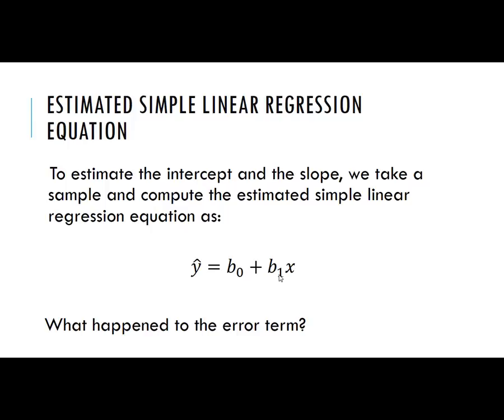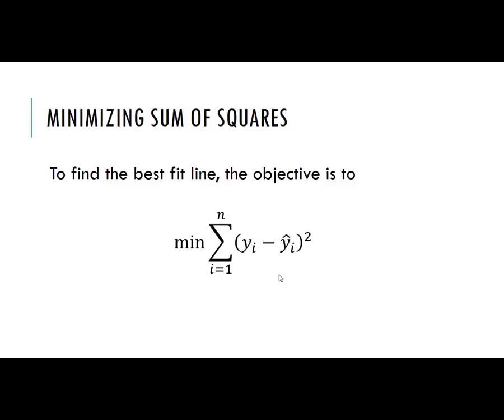And then what it's doing in the background is using what is called ordinary least squares, and it's minimizing the sum of the squares. So to find that best fit line, we use the objective of minimizing y sub i, the actual, so the actual building height, minus what we predicted for that particular building, y hat sub i, square that difference, that deviation, hence square, and then add them all up for all of them.